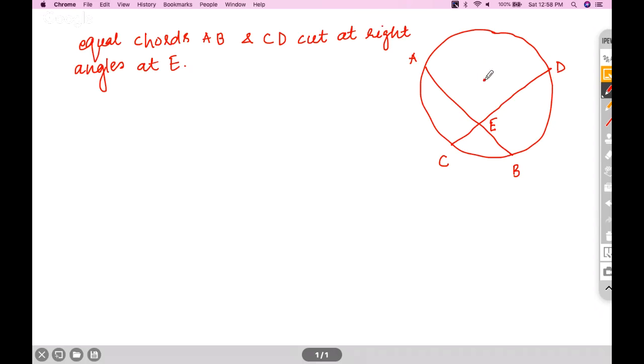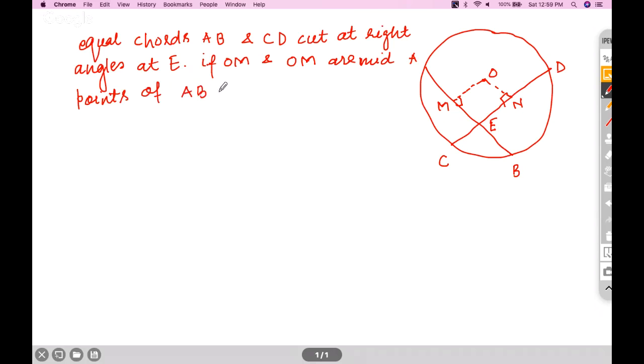Now this is the center O, and I draw a perpendicular here OM, and I draw a perpendicular here ON. If OM and ON are midpoints of AB and CD, as soon as I say midpoints, you should understand that OM would be perpendicular to AB and ON would be perpendicular to CD.